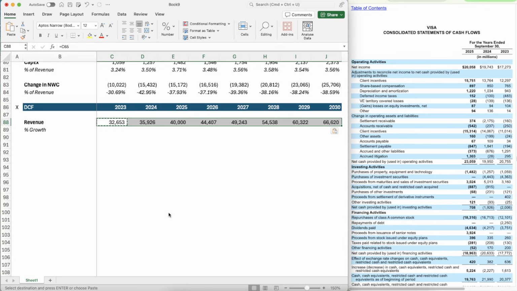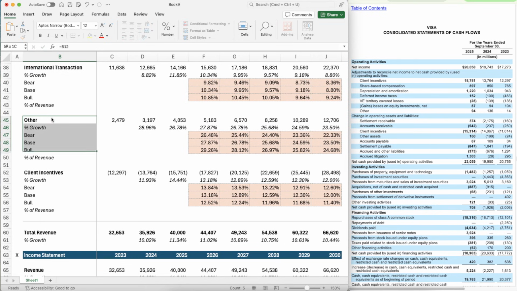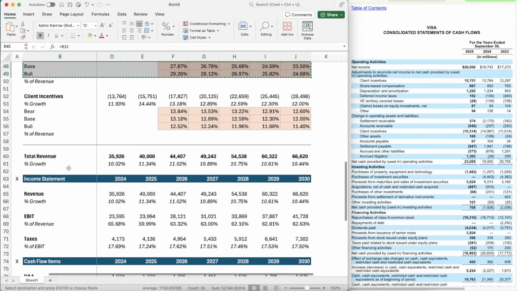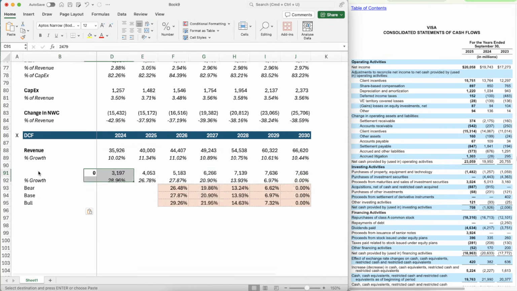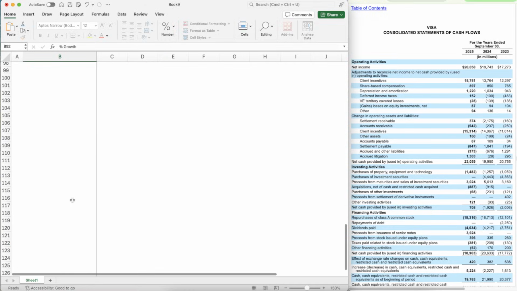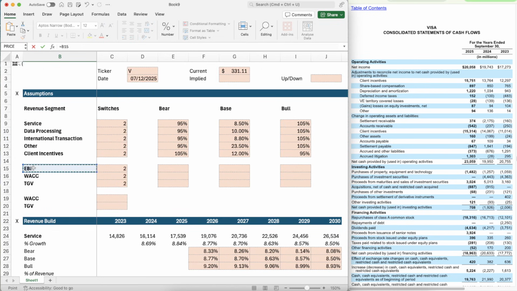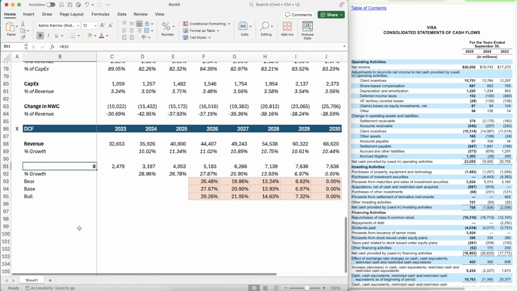Copy it across. For EBIT, copy one of these down.